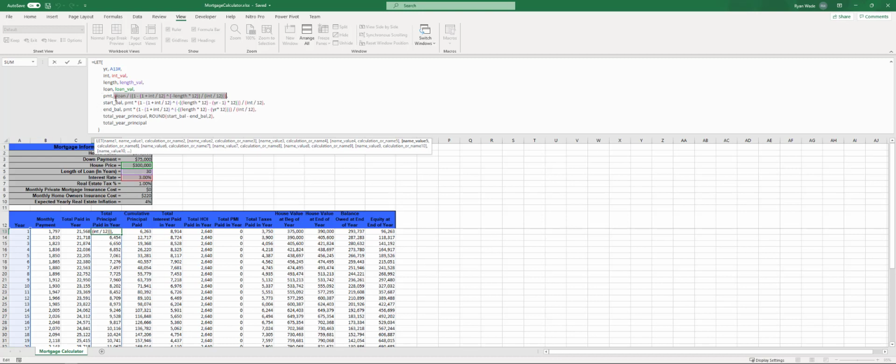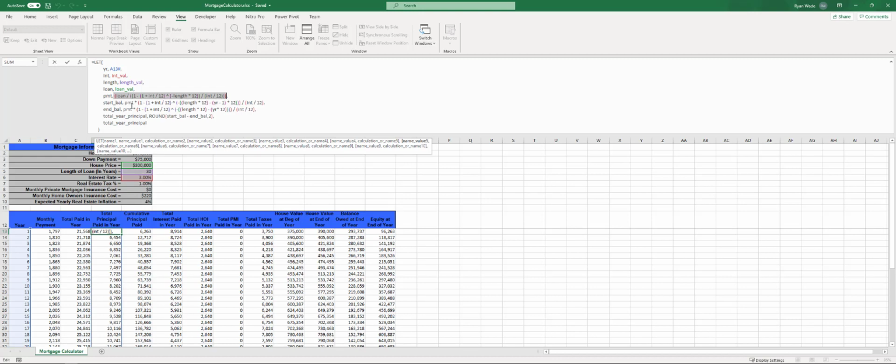And now that we have that, the method that we're using to calculate the principal paid in the year is we are taking what the balance was at the beginning of the year, and we're subtracting from that what the balance is at the end of the year. That difference will give us what the principal paid in that year was.